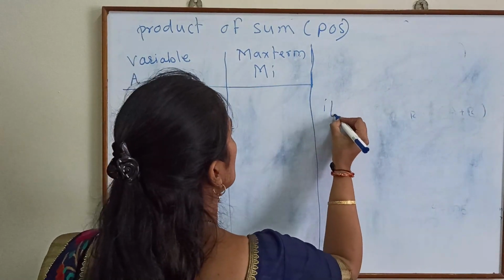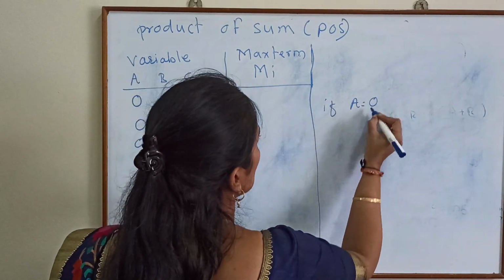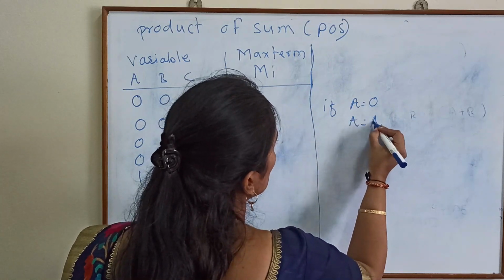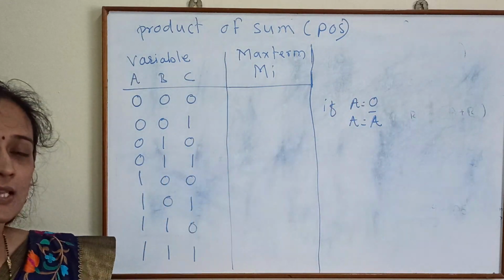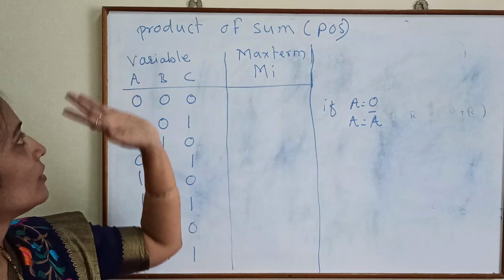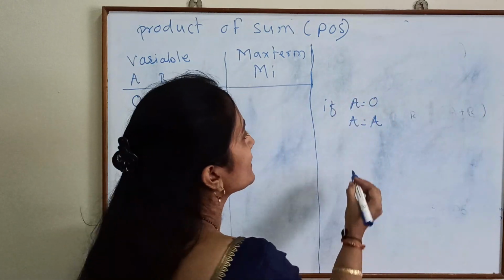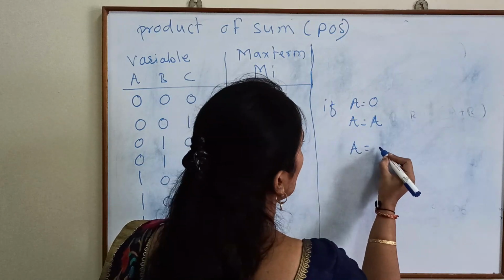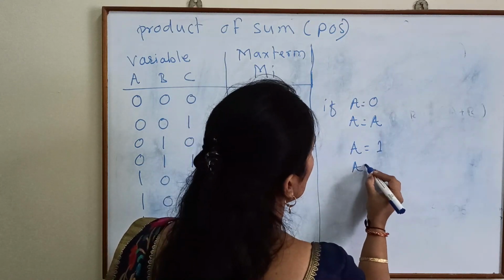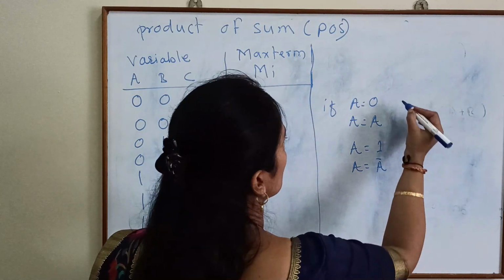If A is equal to 0, it is A bar. Exactly reverse in product of sum. If A is equal to 0, it is A, and if A is equal to 1, it is A bar.